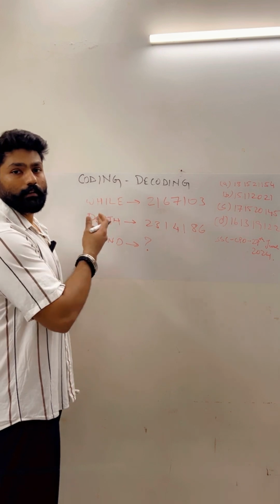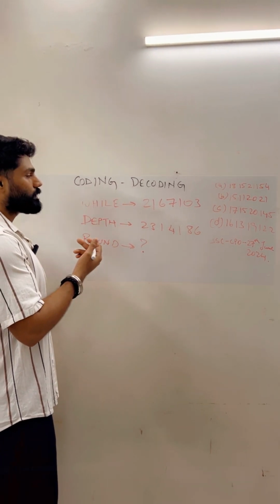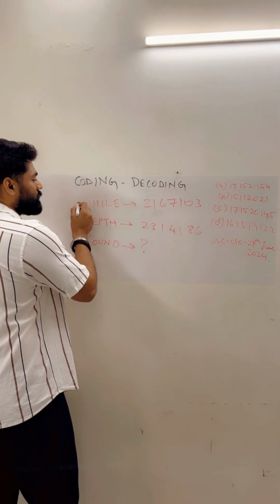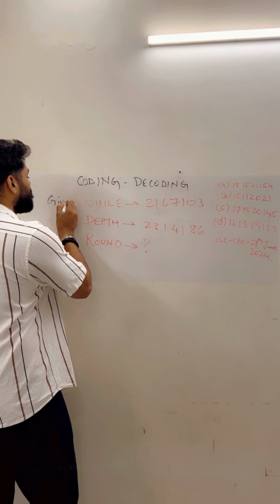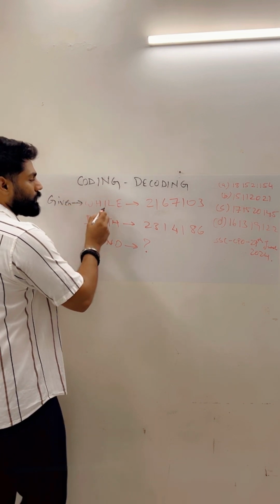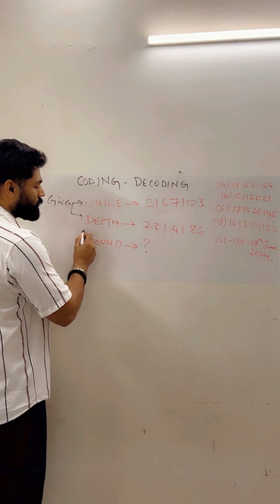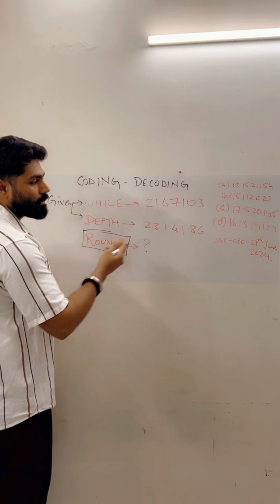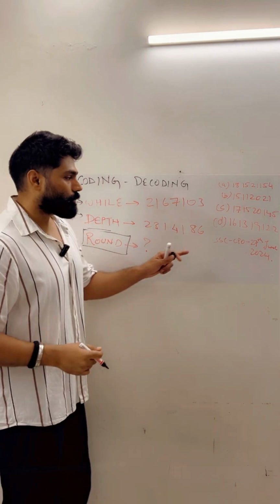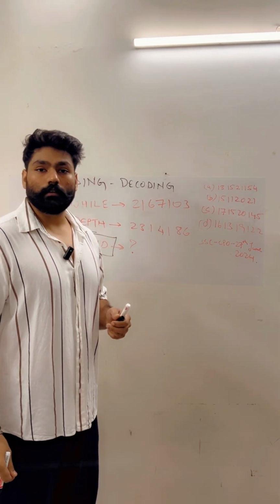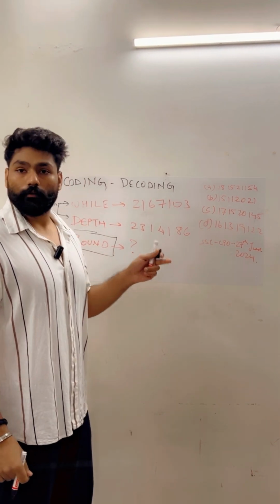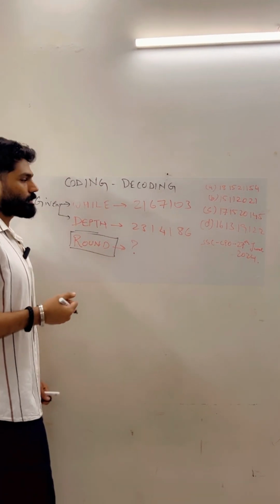So guys, in this question, these two are given, and they are asking about the code for the word ROUND. It came in the SSC CPO examination on 27th June 2024, so it's basically a recent question.